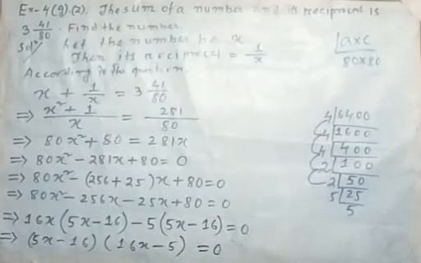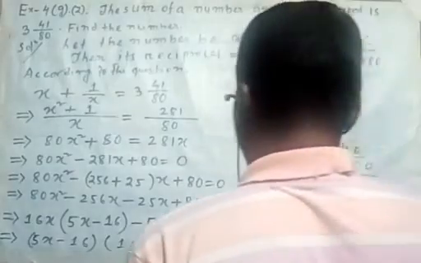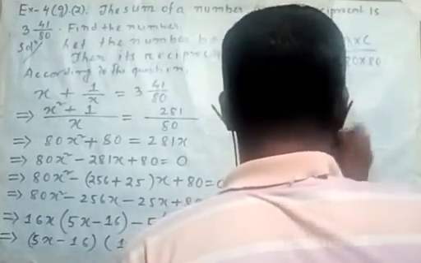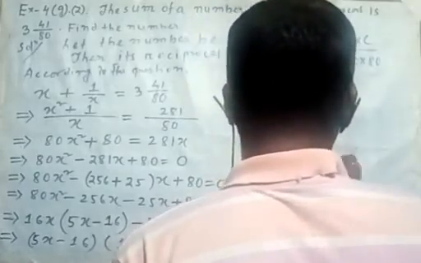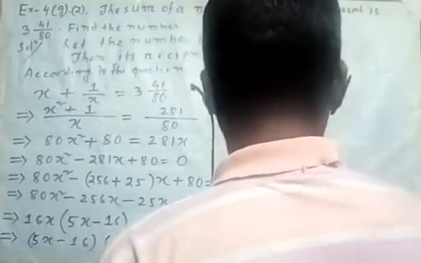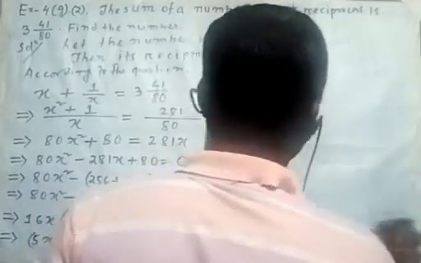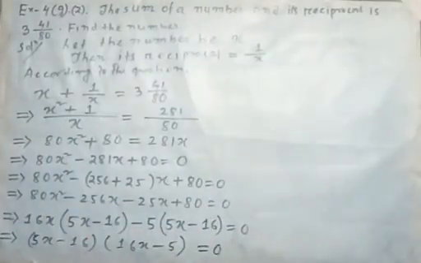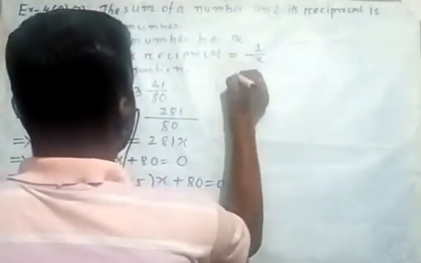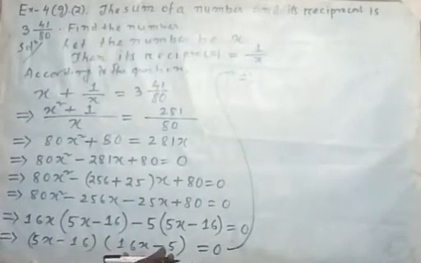It means we got two parts from the expression. One is 5x minus 16, another part is 16x minus 5. Now we have to find the x value from there. How can we find? This implies first part, second part equal to 0.